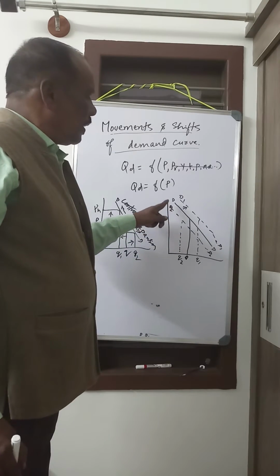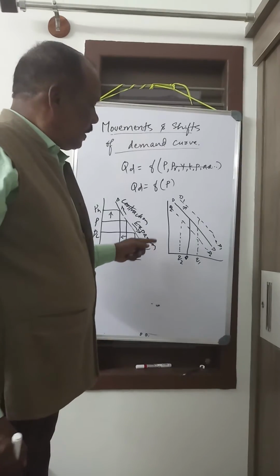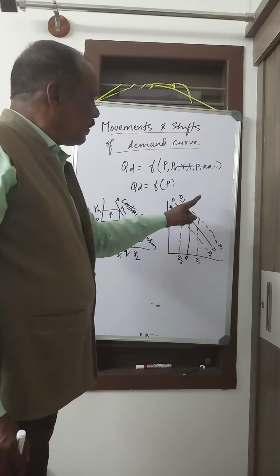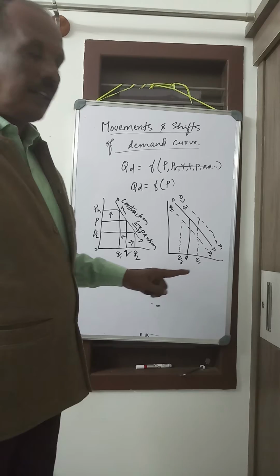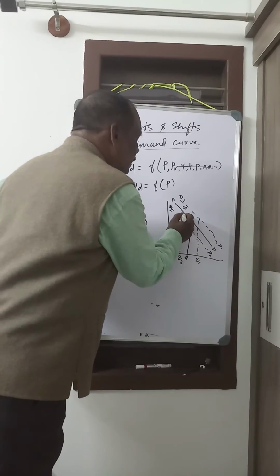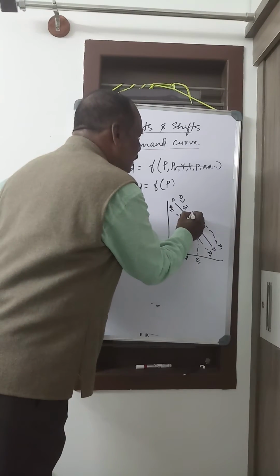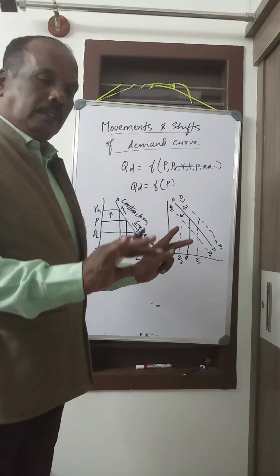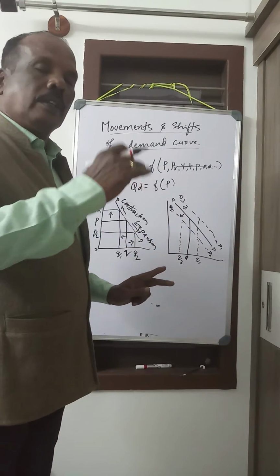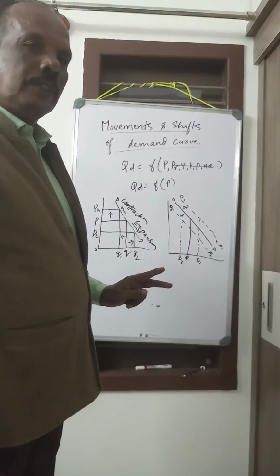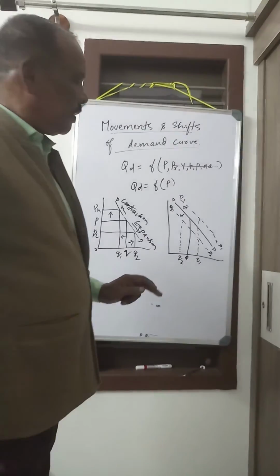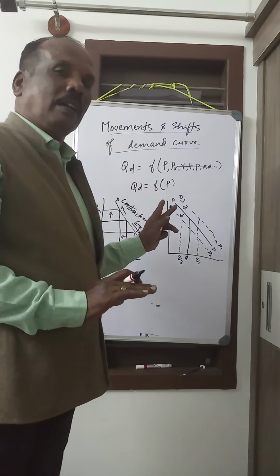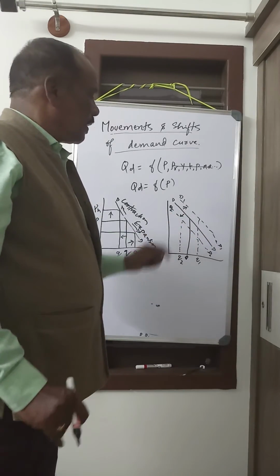That means when the income decreases, demand also decreases. When the income increases, demand also increases. So these are called the shifts. Shifts are of two types. One is it shifts rightwards when there is an increase in demand, and when it shifts leftward, there is a decrease in demand.